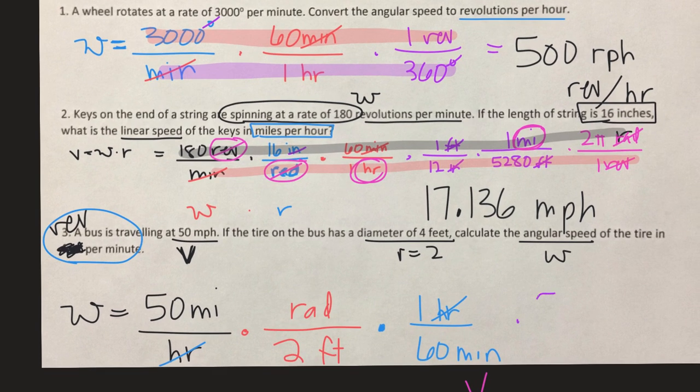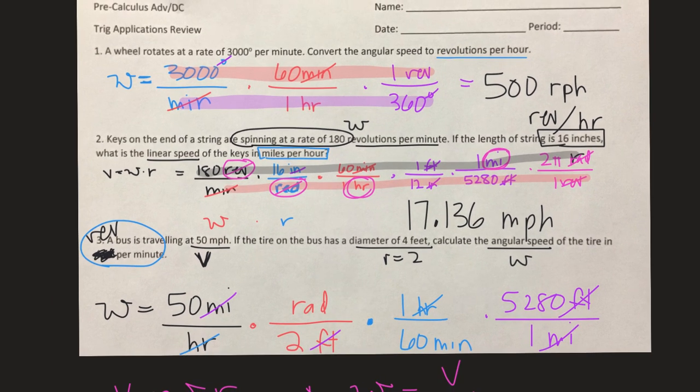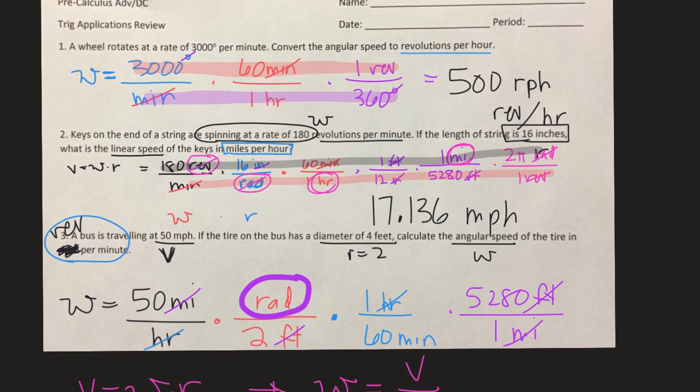So we know that there are 5,280 feet for every 1 mile. Right, that gets rid of both our units of distance. And then we have to change radians to revolutions. So I have rad on bottom, 2 pi rad for 1 revolution.